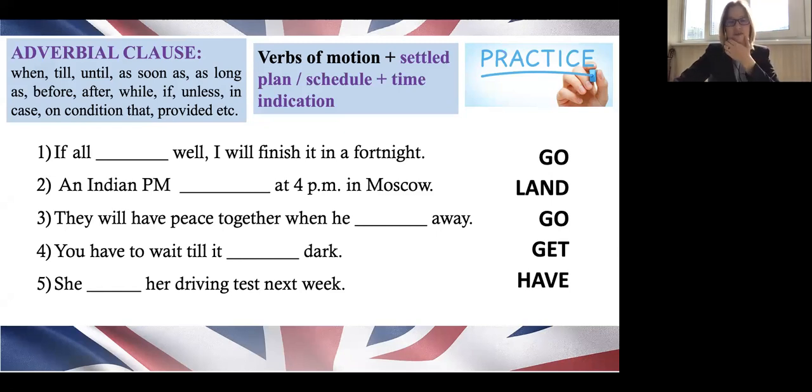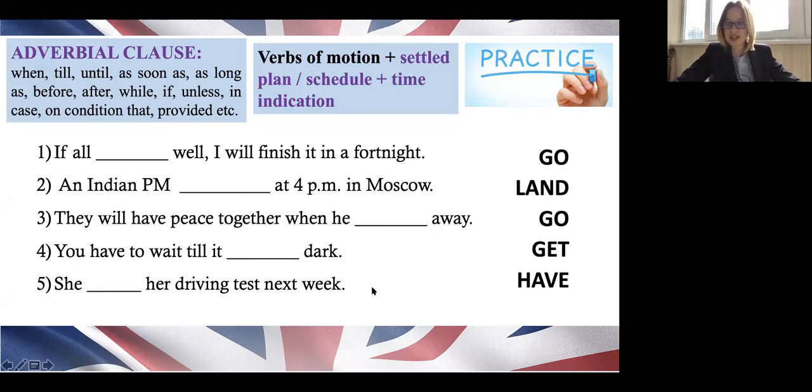Goes, good, goes. Well done. Number 4. Gets, perfect. Till it gets dark, right. And the last one about the driving test next week.